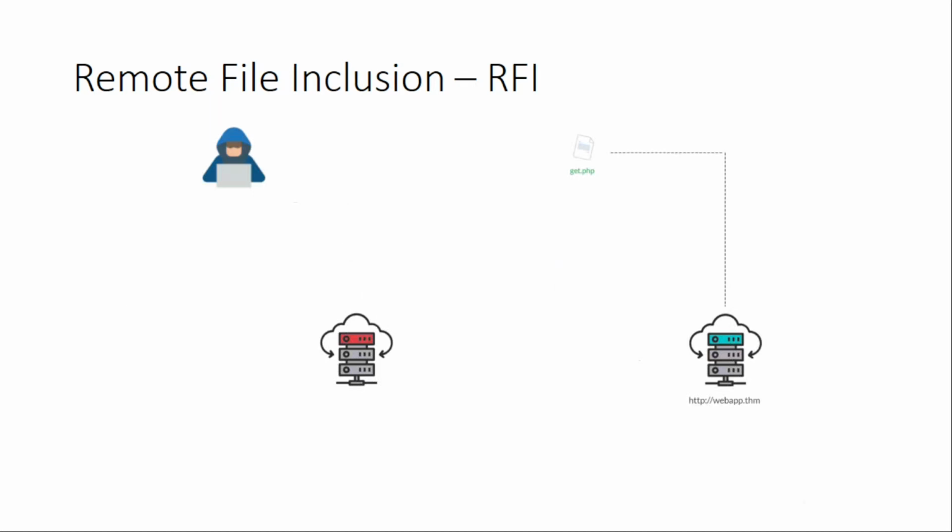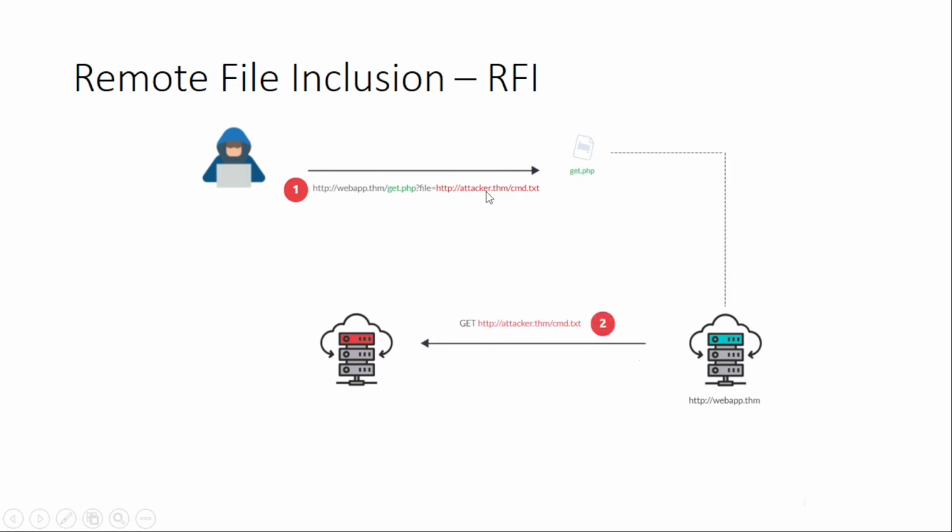So if I was an attacker, I would send the request with the parameter files, but if you can see here, it links to the attacker's server, and then the web app will send a request to the attacker's server to get that file, cmd.txt.